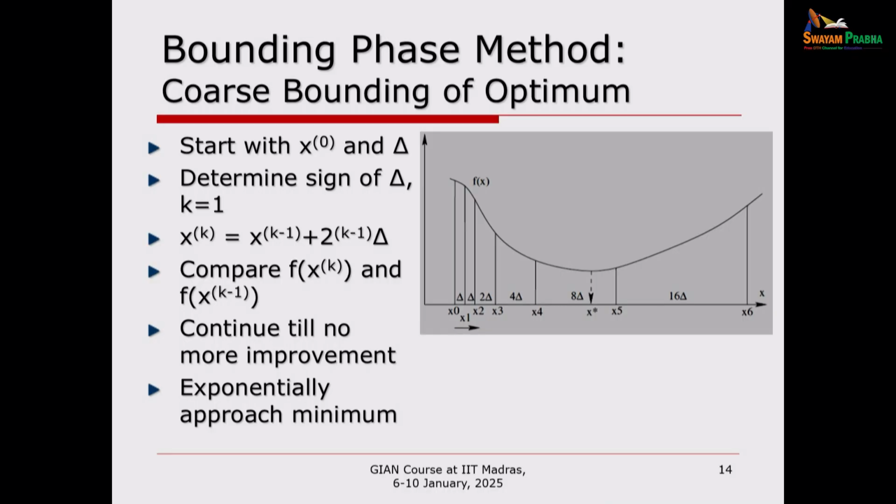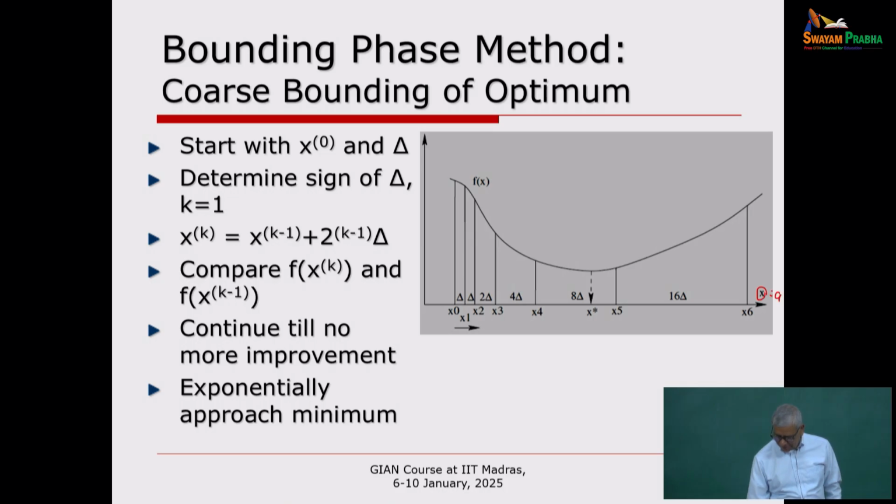So let's say here's my direction. I have one variable x, this is the a, but I can call it x. The algorithm starts like this. You need an x naught, a starting point along that line. For this problem, my starting point a is always 0, because I want to start from where my initial point is. And you can supply a delta, let's say 0.1 or 0.2 or 0.5, whatever.